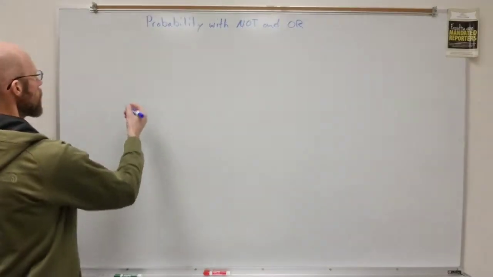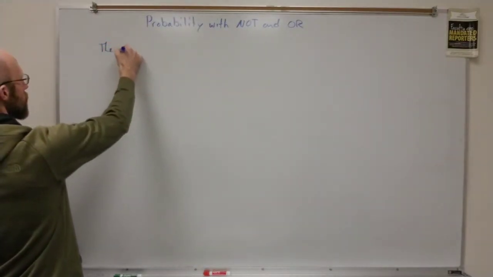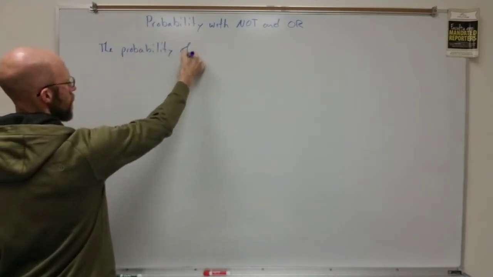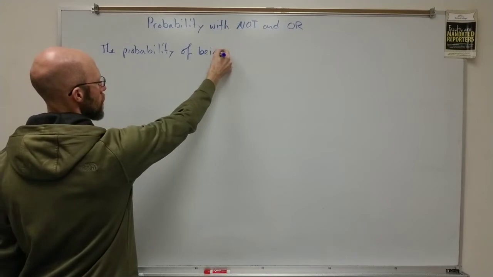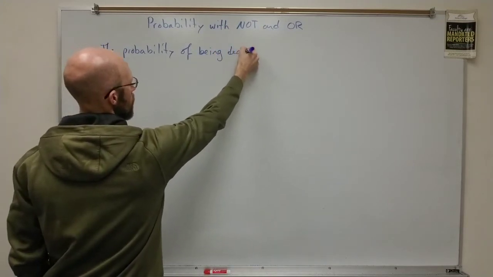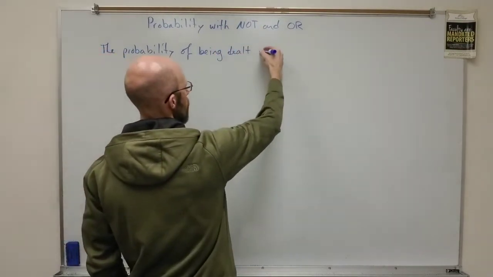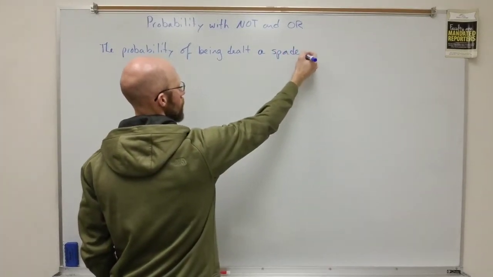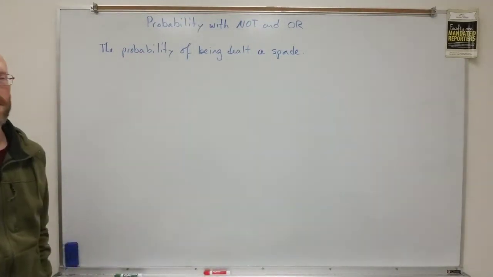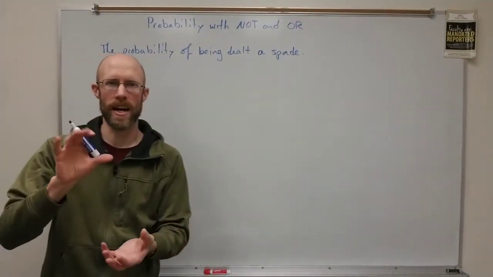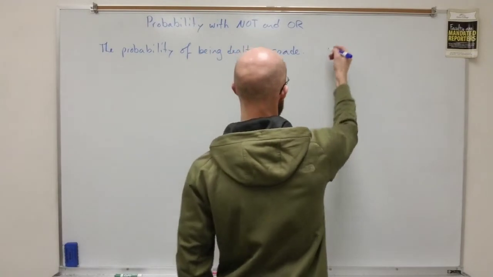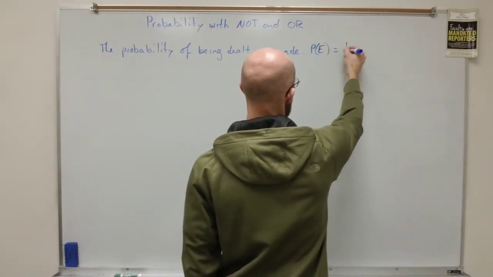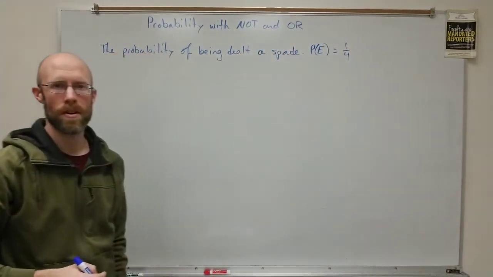An example, we looked at the probability of being dealt a spade, right, from a 52 card deck, the probability of being dealt a spade or cutting the deck and seeing a spade. In theory, the empirical probability was 1/4, right?